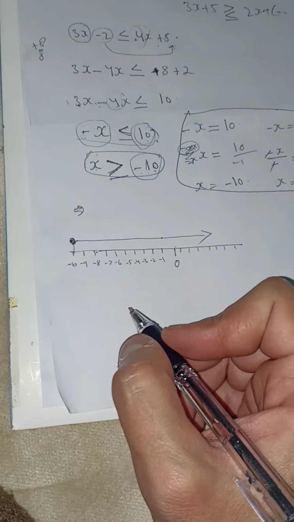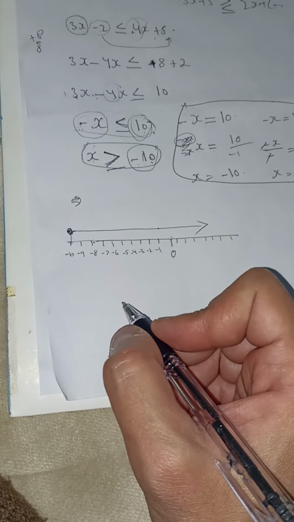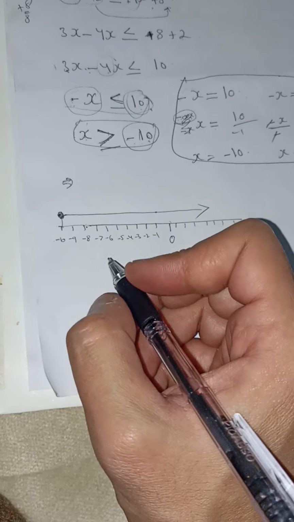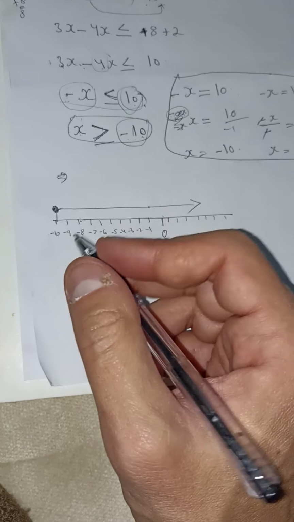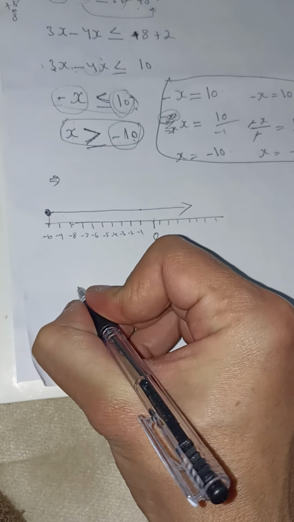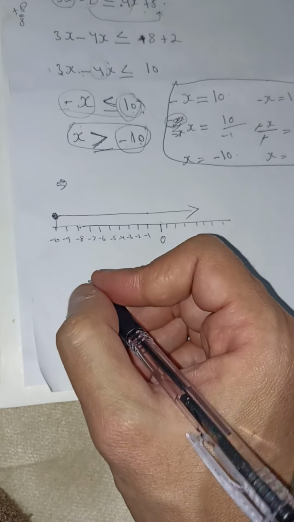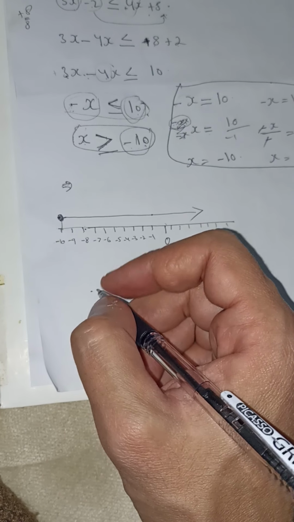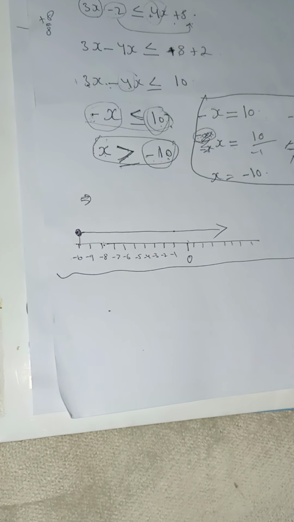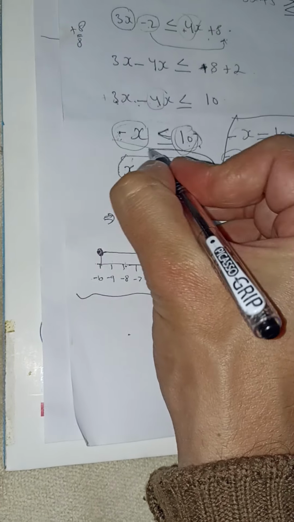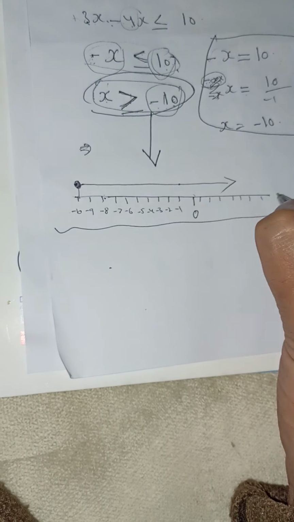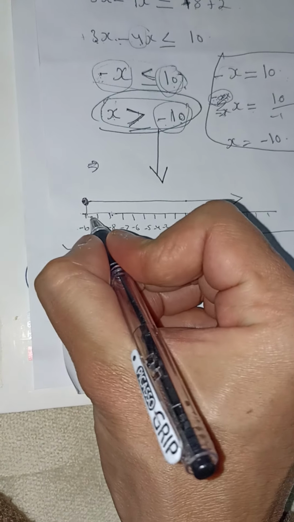And how can we write it as an inequality interval? This is enough, I think. This is the answer, and if we want to draw it on the line or sketch it over the line, we can do it like this.